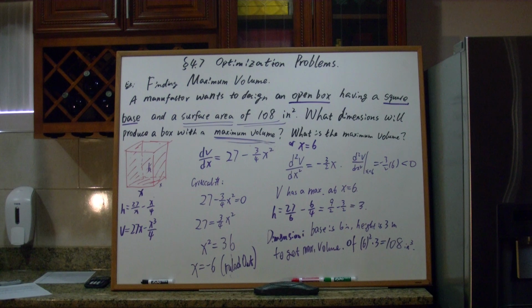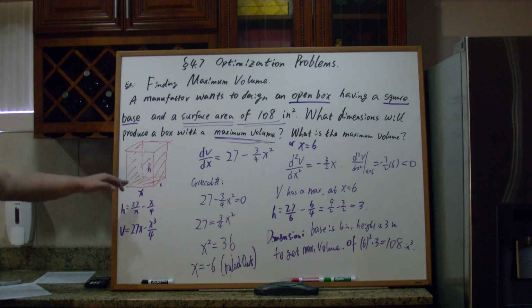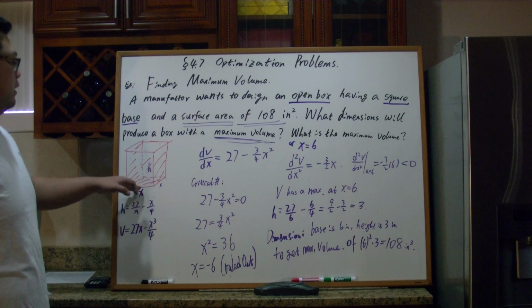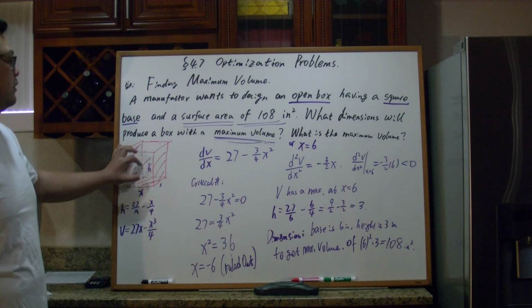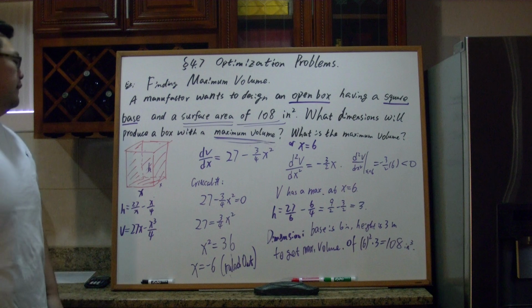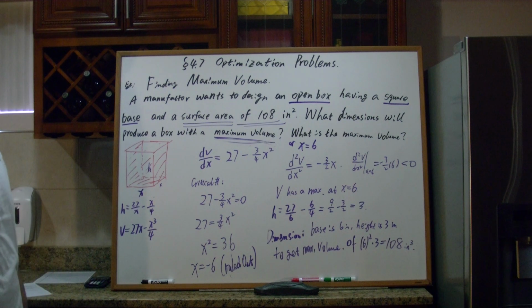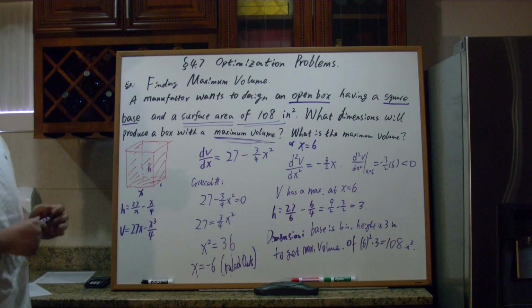Right, the dimension we get is base 6 inches by 6 inches, and the height is 3 inches. If the surface area is 108, then we get the maximum volume to be 108 cubic inches.